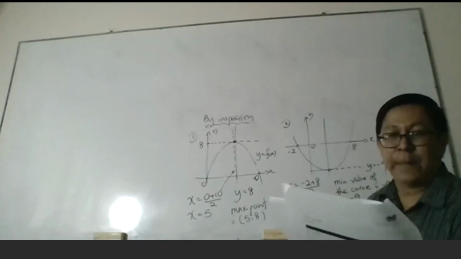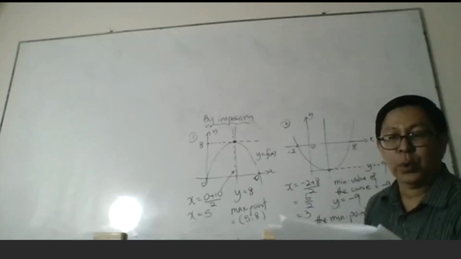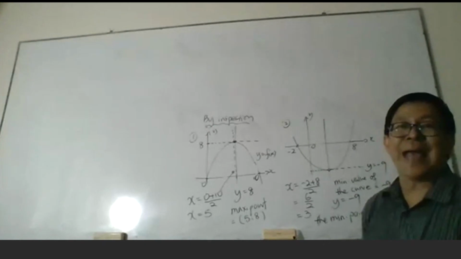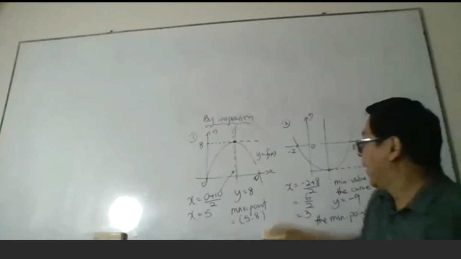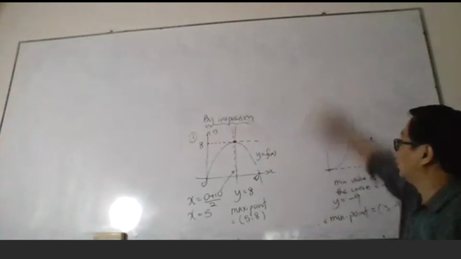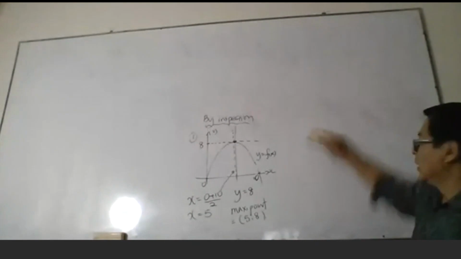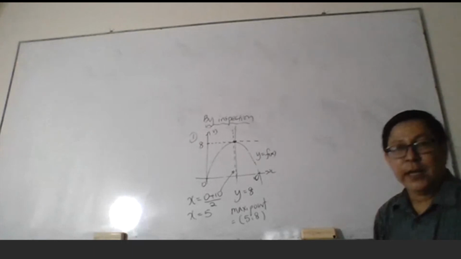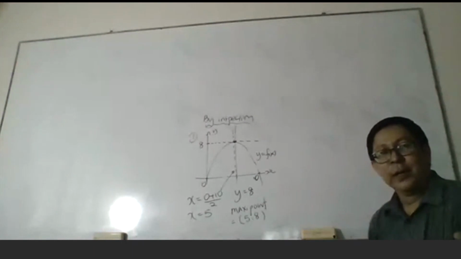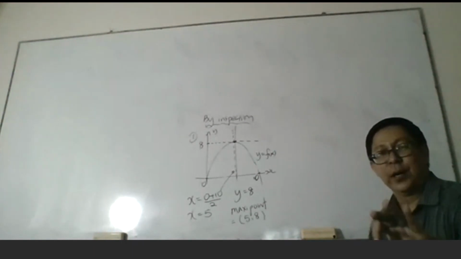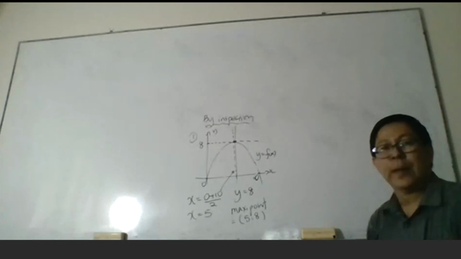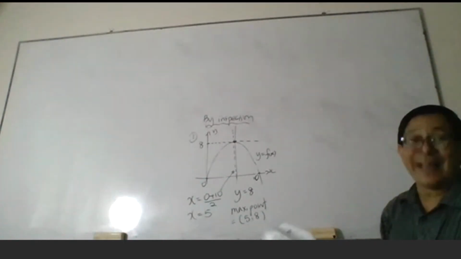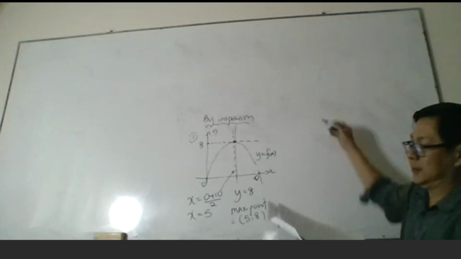Okay, in your page number 3, method 2. In order to determine the turning point, I'm going to use x equal to -b over 2a. Today I will teach you the simple and easy way. If the question never mentions you must use method of completing the square, I encourage you to use this.